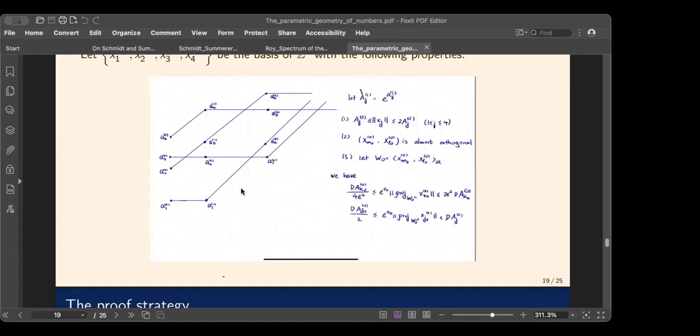In each step, I want to construct a basis satisfying the following three properties.